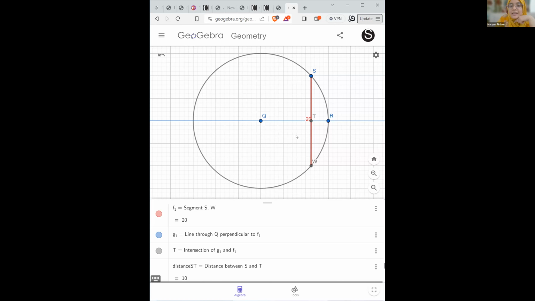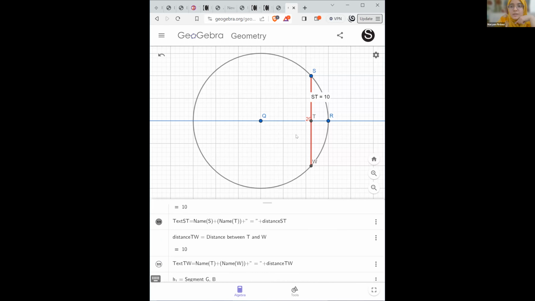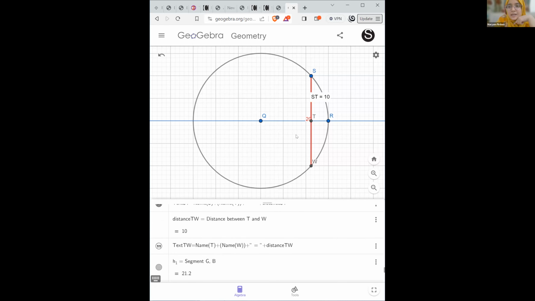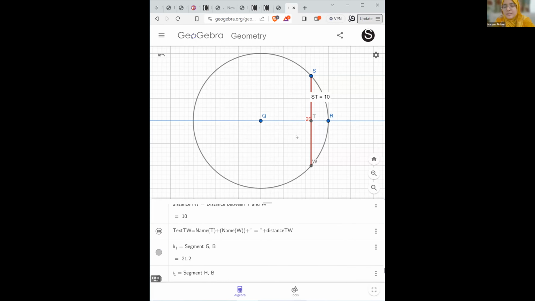And we can even verify that for ourselves. See, the distance between S and T has been measured and it's showing us 10. The distance ST is 10 and the distance TW is also 10.